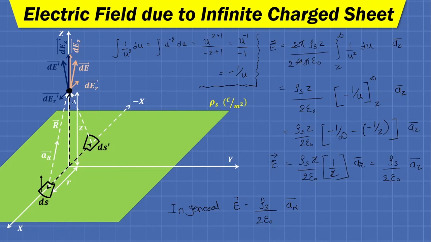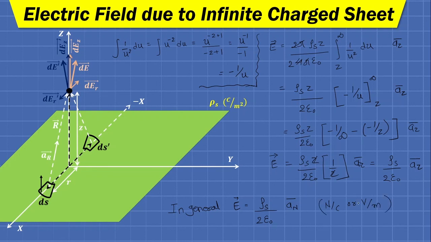Fine, it will have zero existence along the span of the sheet. Okay, so we are going to have the effect of field intensity in the normal direction of the infinite sheet. So we can use this result almost in any case, to solve any numerical. Fine, here the unit of field intensity will be Newton per Coulomb or volt per meter.